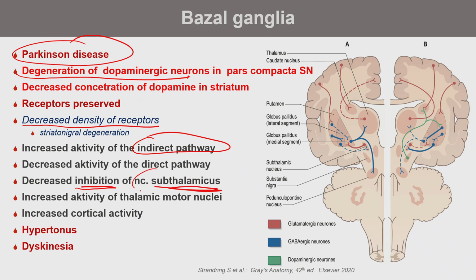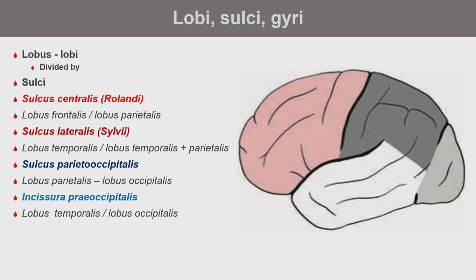So then subthalamic nucleus itself is increasing the function. Now it is not working well, so then there is increased activity of motor nuclei in thalamus, and finally increased cortical activity with following hypertonus and dyskinesia, typical for Parkinsonian disease. Really hard to understand.